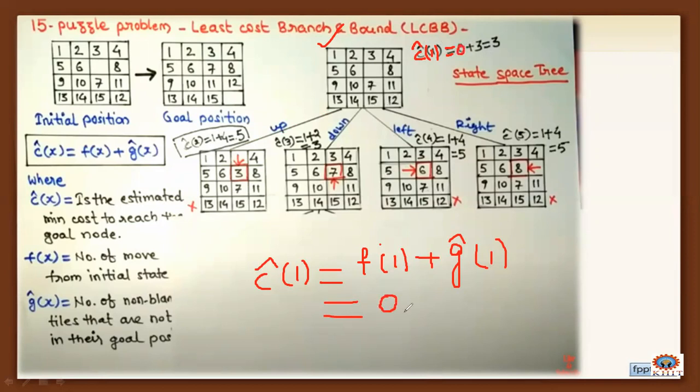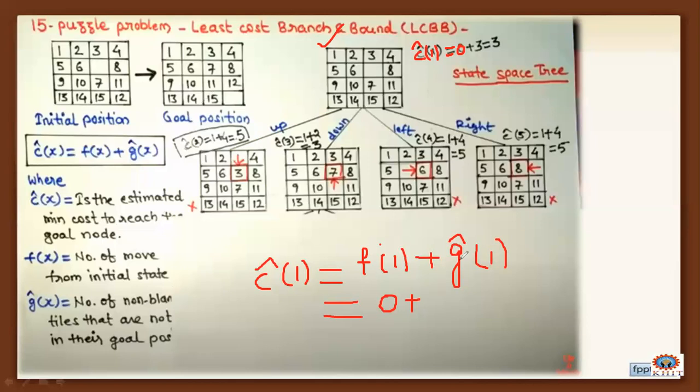Okay. Next, find the value of G cap of X. G cap of X means the number of non-blank tiles that are not in their goal position. Now you need to compare the initial position with the goal position.